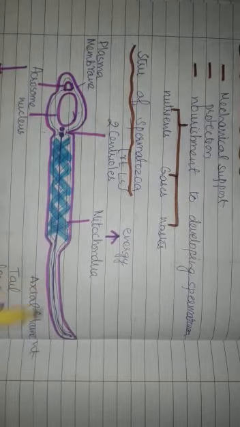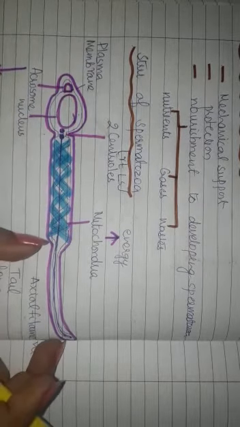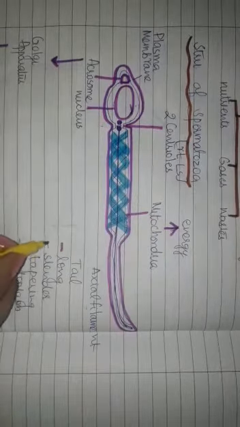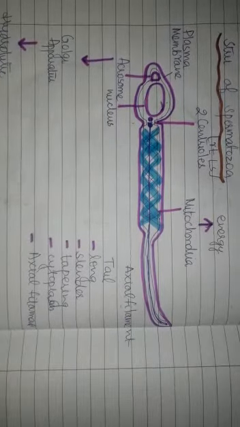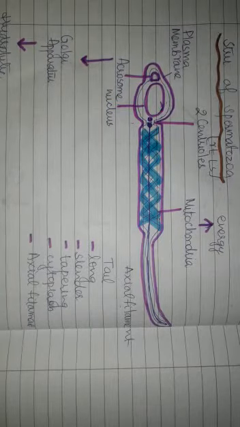The last part is the tail. This much portion is the tail. The tail is long, cylindrical, tapering, made up of cytoplasm only, and it consists of an axial filament.